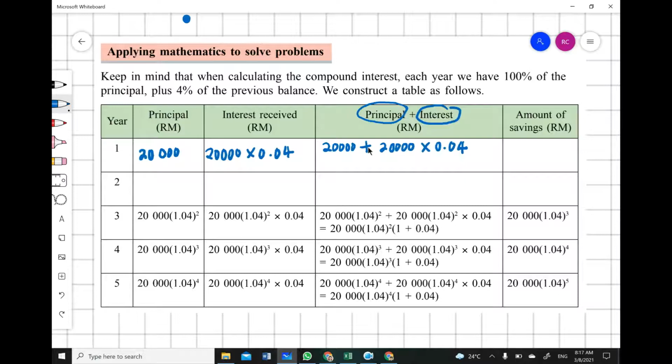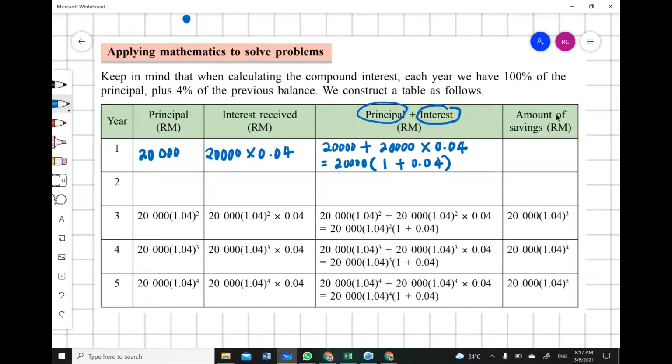So 20,000 plus 20,000 times 0.04, you can simplify it, becomes 20,000 times (1 plus 0.04). Why? Because 20,000 times 1 is 20,000. After that, 20,000 times 0.04. So this is what you have over here. It's the same thing, just simplified.